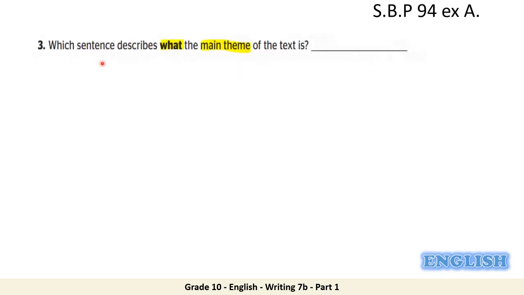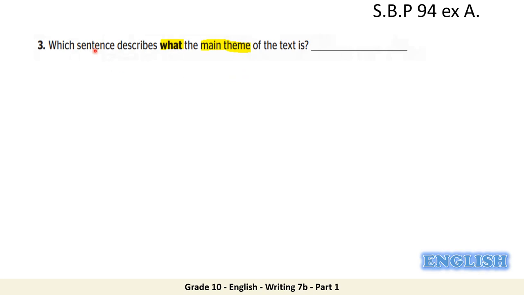Question 3. Which sentence describes what the main theme of the text is? And now I want you to think for a while about the meaning of the word theme or the theme of the story. What is a theme of a story? That's correct. The theme of the story is what the author wants to convey to the reader. In other words, it is the central idea of the story.